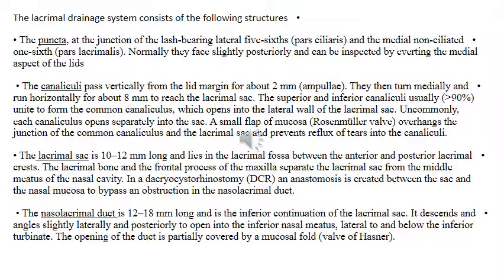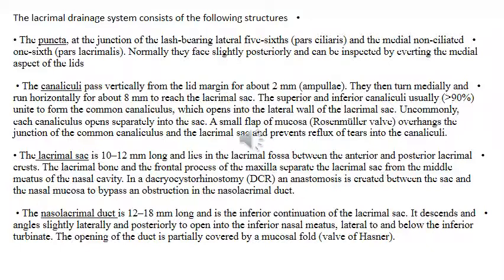The opening of the nasolacrimal duct by the valve of Hasner is very important. The terminal end of the nasolacrimal duct is covered by a thin mucosal fold, which we call the valve of Hasner, which is partially covered by it, not completely.